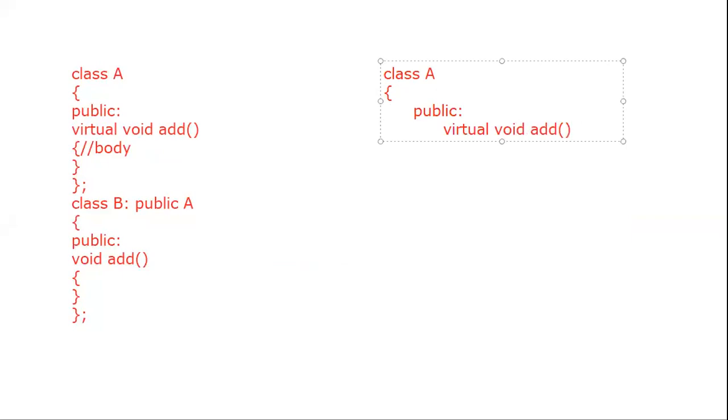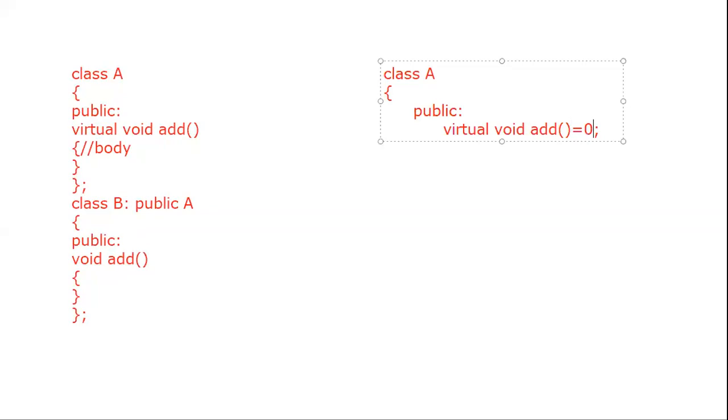If I just provide the semicolon with respect to this function, that means the end of that function. Now suppose I write equal to 0. This function is now converted from a virtual function to a pure virtual function.